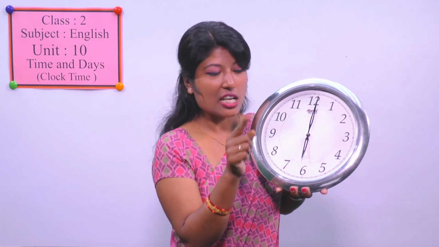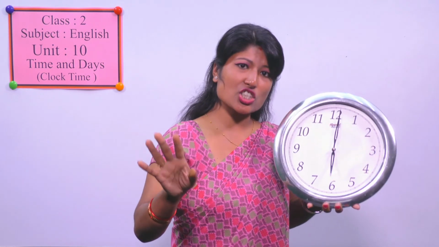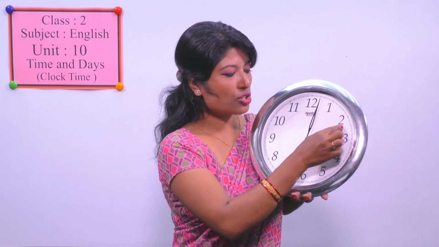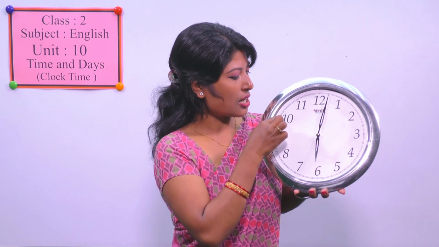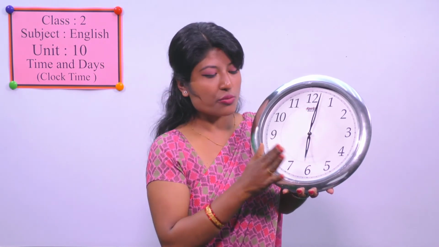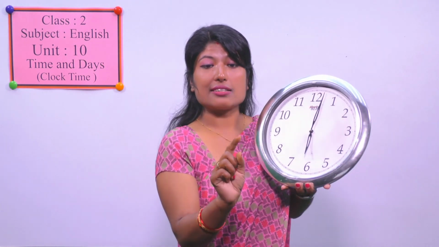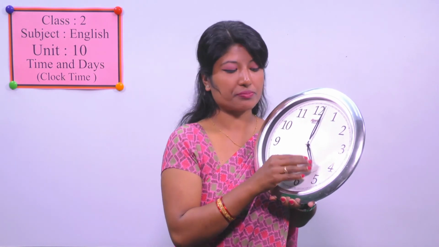Do not forget. Whatever the shape of the clock, it has numbers up to 12: 1, 2, 3, 4, 5, 6, 7, 8, 9, 10, 11, 12.